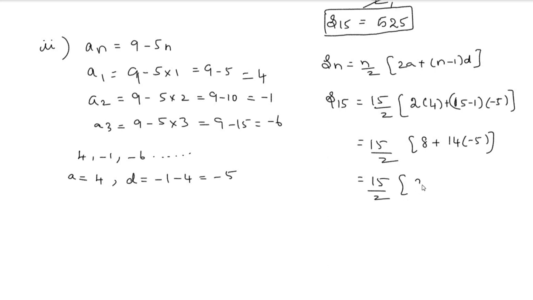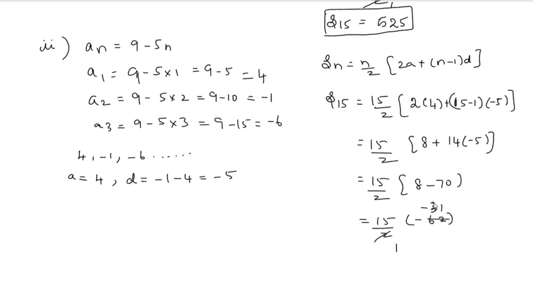So 15 by 2 into 8 plus 14 into minus 5. What will we get? 14 into minus 5 is minus 70. So 15 by 2 into minus 62, since 8 minus 70 is minus 62. When I cancel that, I will get minus 31.